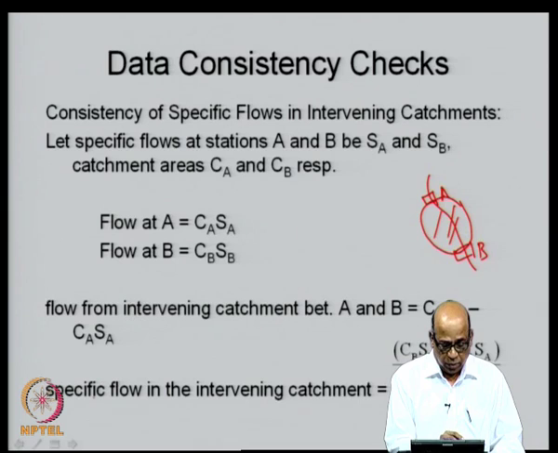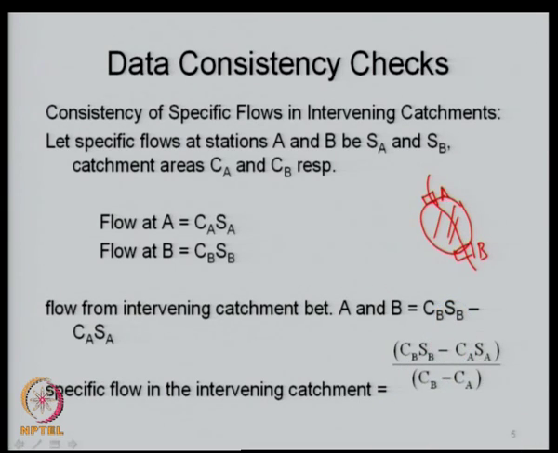Now, the specific flow of the intermediate catchment we compute. That means this intermediate catchment has contributed C B S B minus C A S A, and the total catchment area is C B minus C A, because C B is the catchment area here, C A is the catchment area here. So, we compute the specific flow in the intervening catchment at this location.